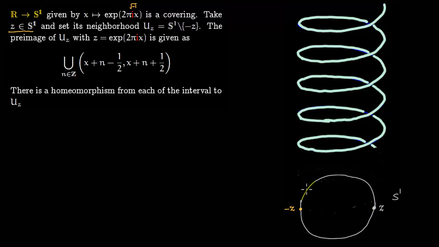So you can see in this circle everything gray is the neighborhood of point z, and we have taken this point out. So this point is out. So now pre-image of U of z, with z as exponential of 2 pi i x, this is given as a union of intervals.